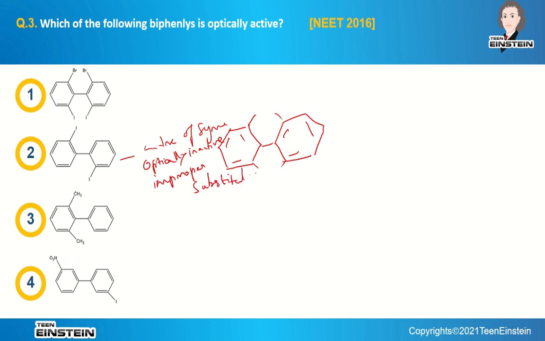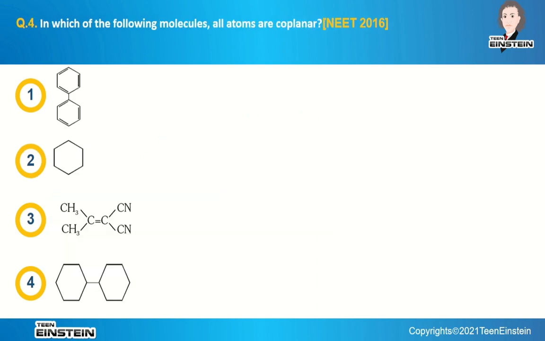So next come to the third option. Here in the compound given to us, both substitutions are on the same ring. So this will cause the ortho effect.